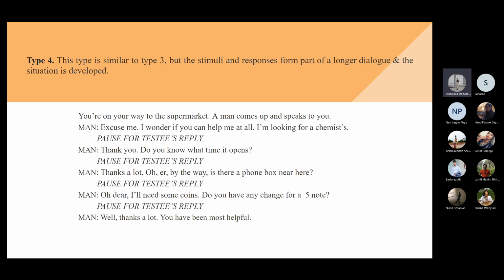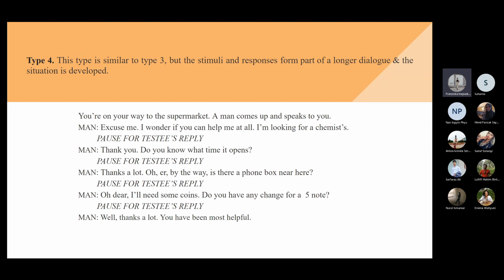Oh, by the way, is there a phone box near here?" The test taker replies, and then the man said, "Oh dear, I'll need some coins. Do you have any change for 5 knot?" Paused for the reply, and then the man said, "Well, thanks a lot. You have been most helpful."